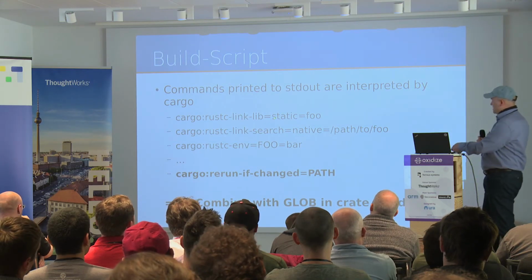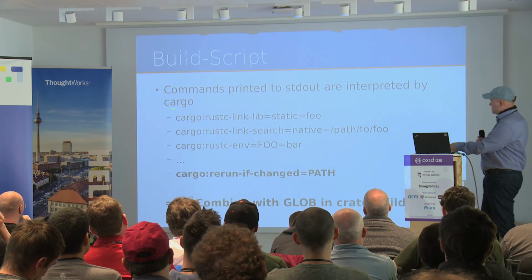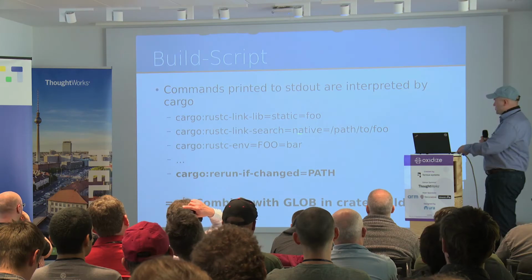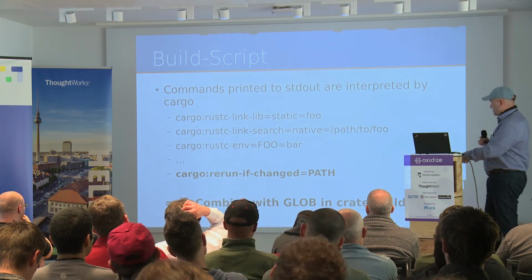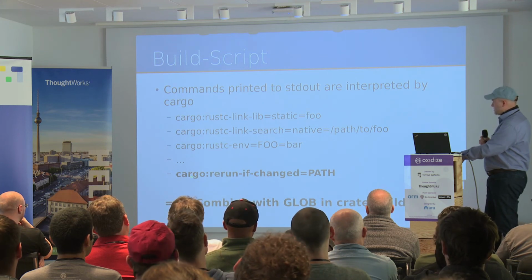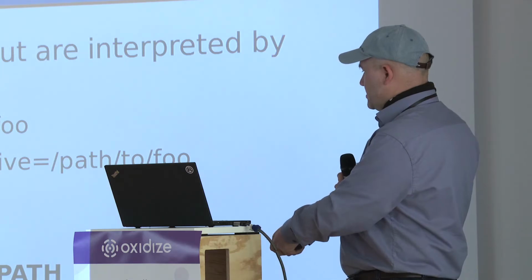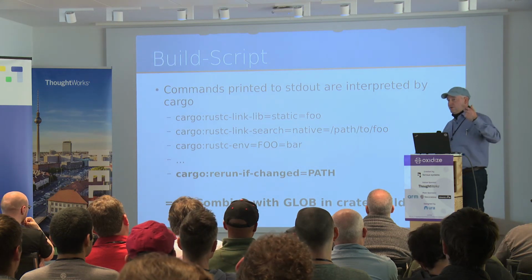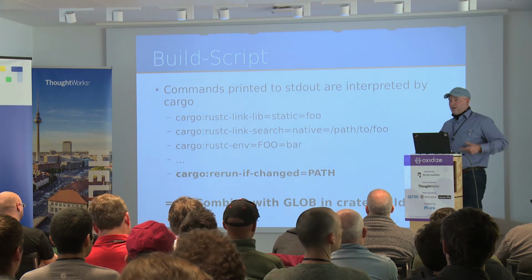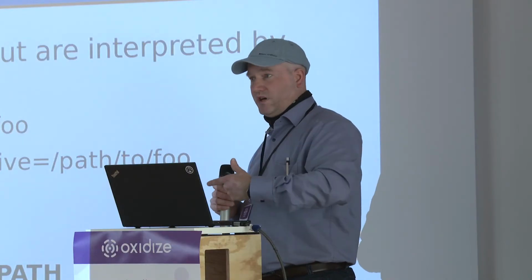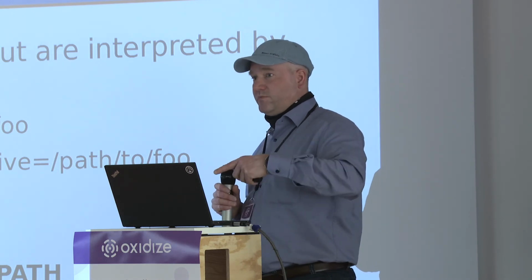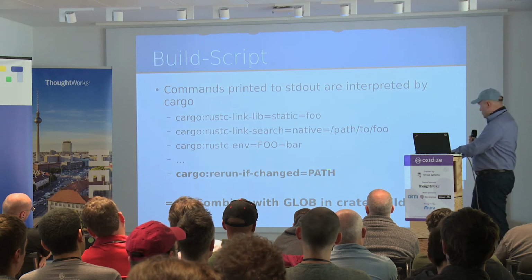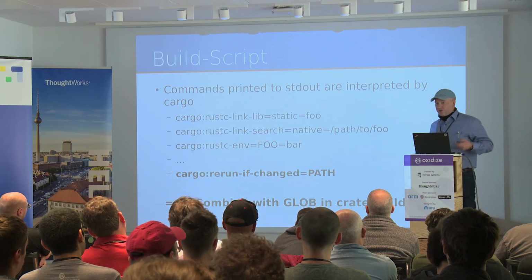For example, you can print a string on standard out and tell Cargo how to link or where to search for specific packages. But also dependencies: you can tell Cargo rerun-if-changed and specify a specific path. Cargo will collect this information, store it, and the next time Cargo gets a build command, it will analyze this database and check the timestamps of all mentioned paths to see if anything has changed.